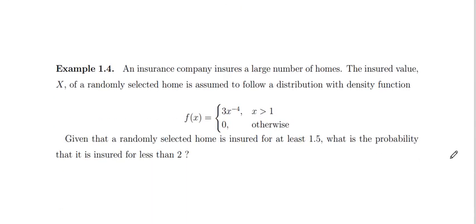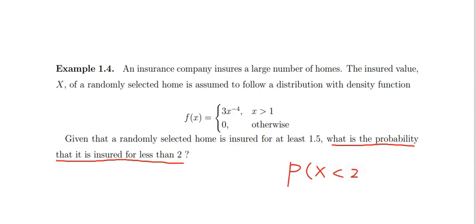Those kinds of problems are just a little like a math problem. Here we want to find the probability: what is the probability that it is insured for less than 2? So we want to find the probability that x is less than 2.